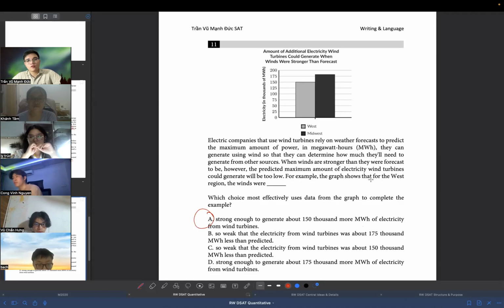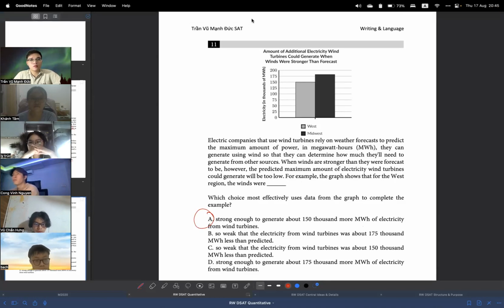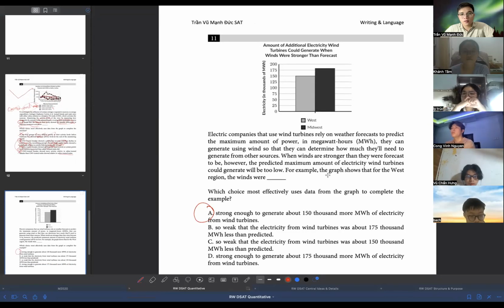For example, the graph shows that for the west region, the winds were about 150,000 more, the wind turbines stronger than the forecast.